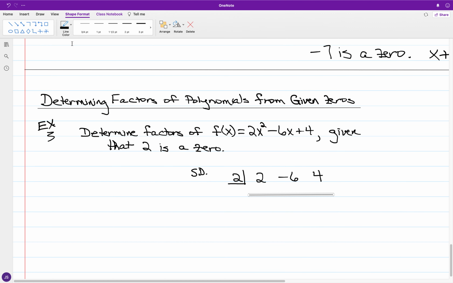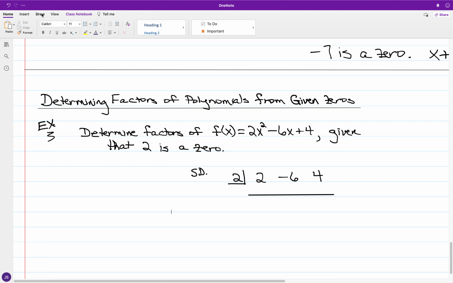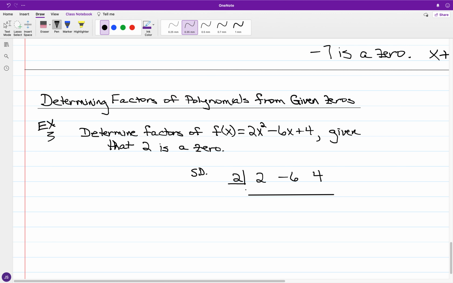If 2 is a 0, then the remainder should also be 0. The leading coefficient in the dividend is 2, which is brought down. Then 2, the 0, times 2 is equal to 4.